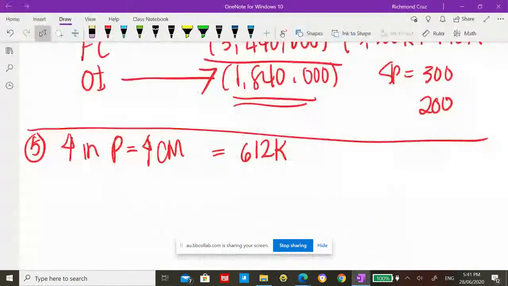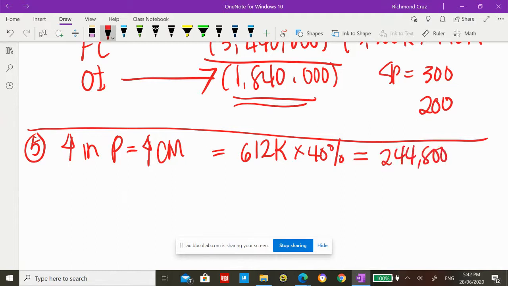So, in effect, my additional contribution margin is 40% of 612,000. I multiply 612,000 by 40%, so this will be 244,800 as the increase in my profit.